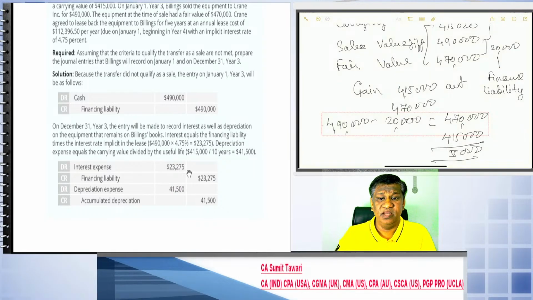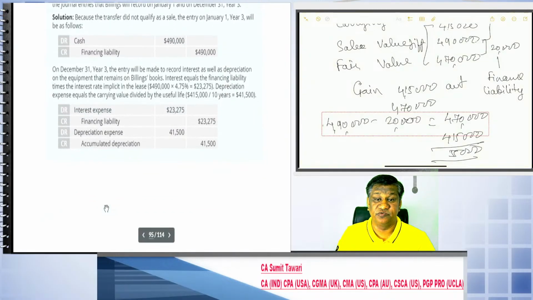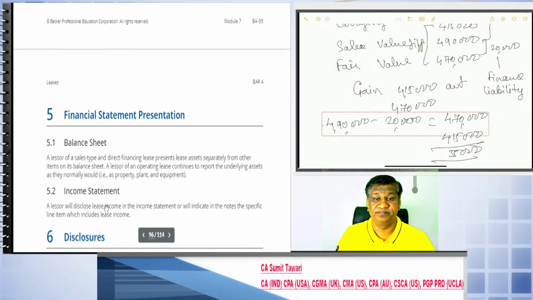Okay. So interest expense is 490,000 multiplied by 4.75%, which is 23,275, and the depreciation on the carrying value divided by 10. Okay, so that we need to do. So this is basically the entry we are doing in the books of the lessee, or the person who is selling the equipment.